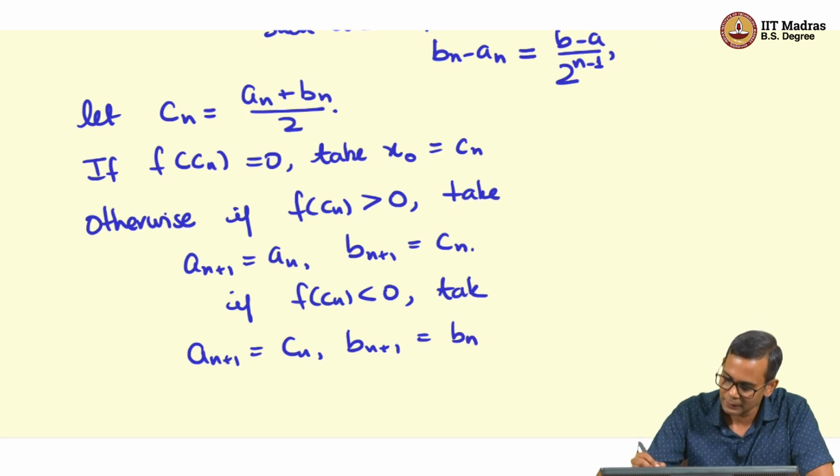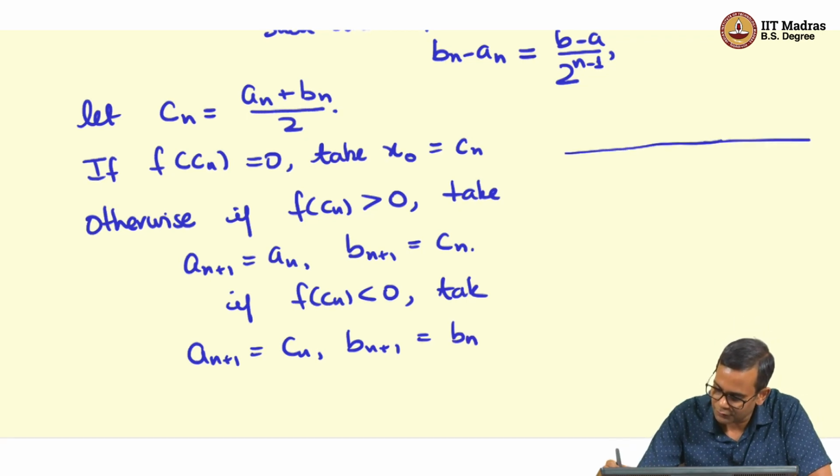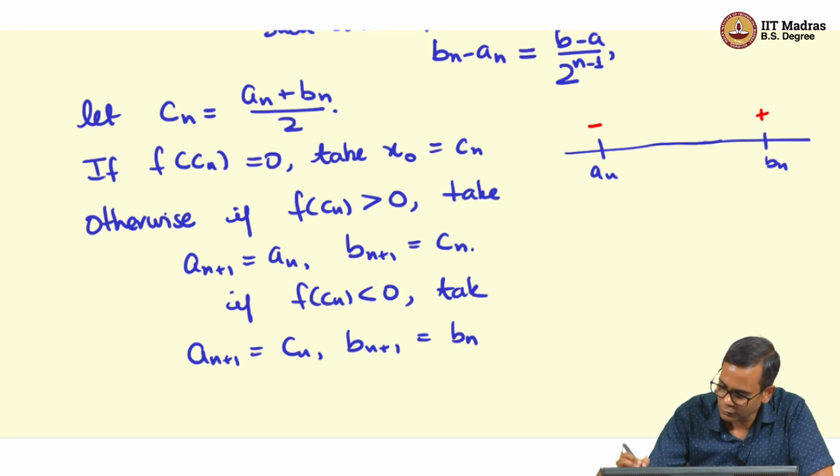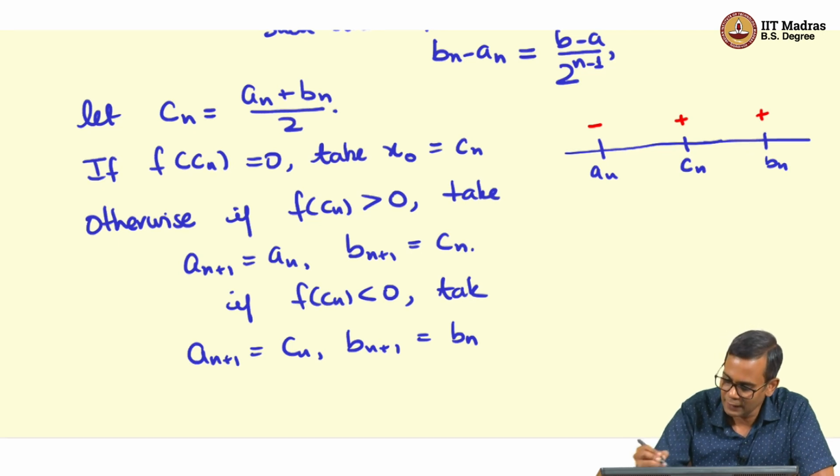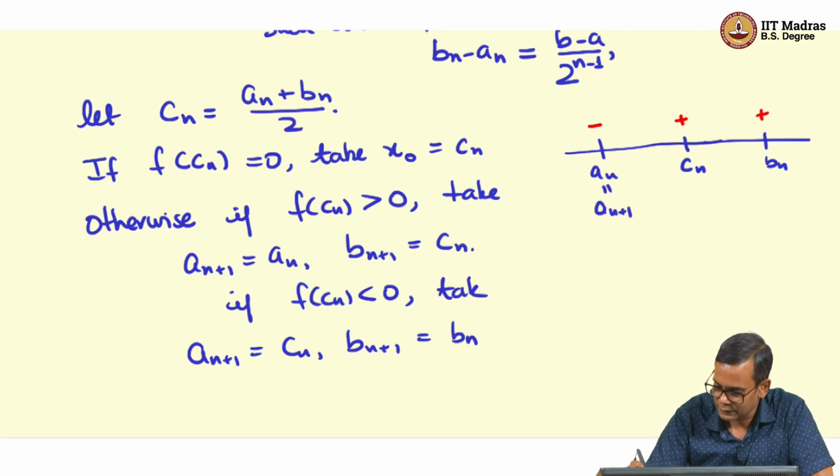So, what is happening here is that we have A n, B n. We know that the function is negative over here, we know that it is positive over here. We took C n to be the midpoint, and then in case the function is positive at C n, then we know that it changes sign between A n and C n. And so, we took A n plus 1 to be A n in this case, and B n plus 1 to be C n, right.